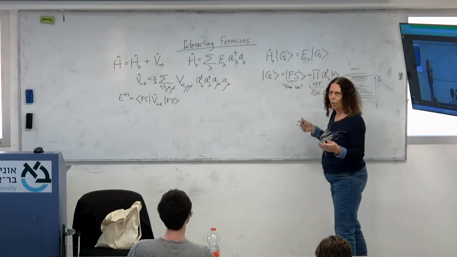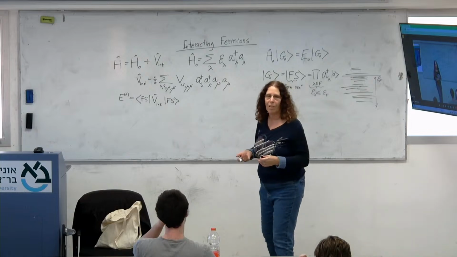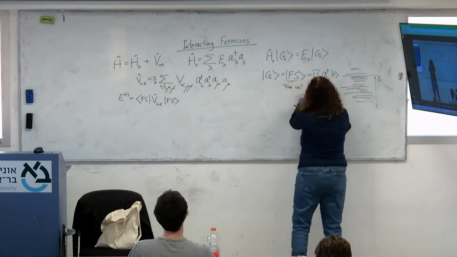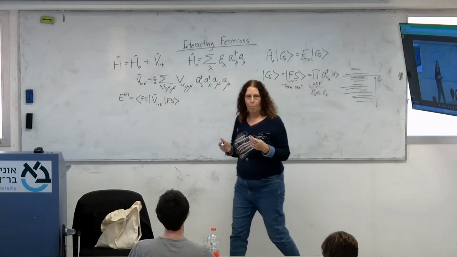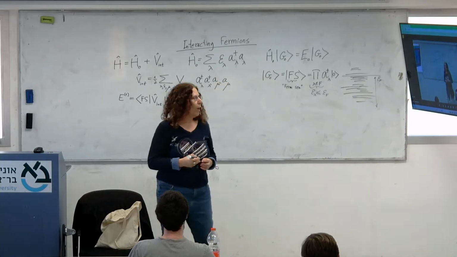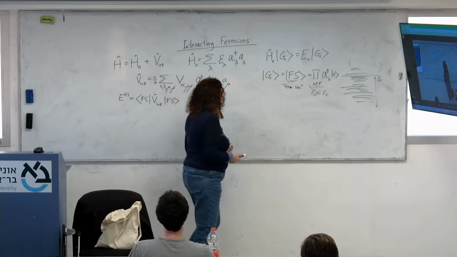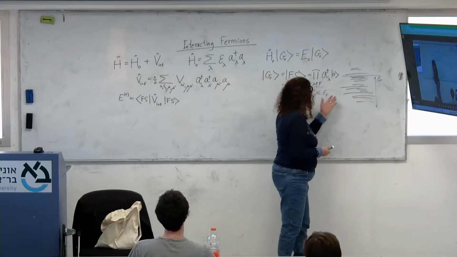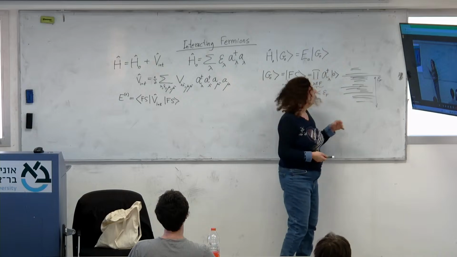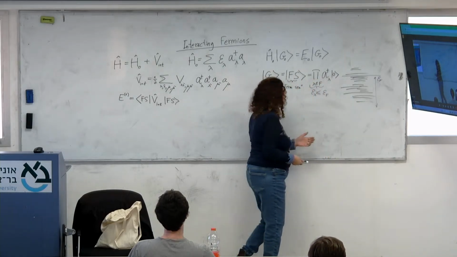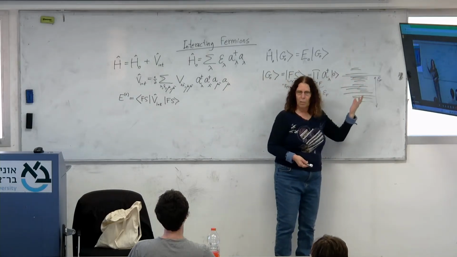But usually we think of a macroscopic number of particles. So there are a lot of operators here. And we want to simplify the calculation, because we know that if the interaction is just a small perturbation, what can it do to the ground state? When you apply it on a ground state, what does it do? It creates an excitation.